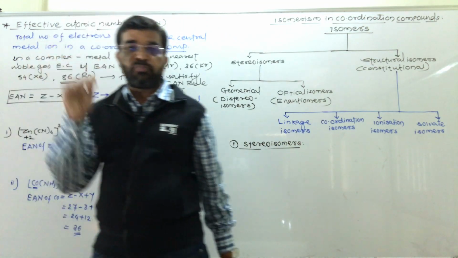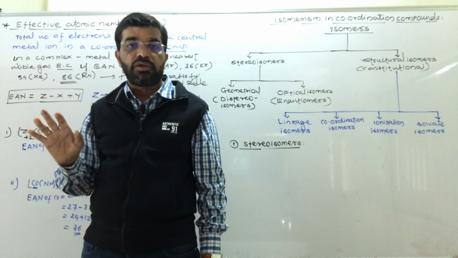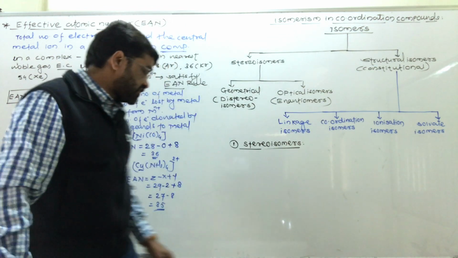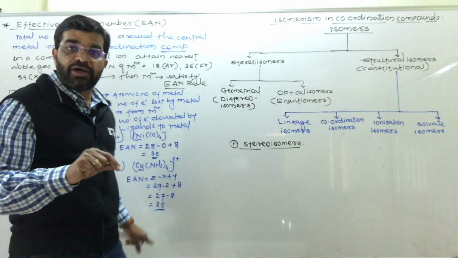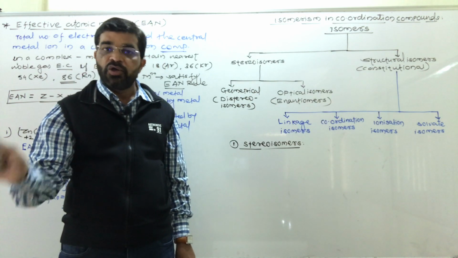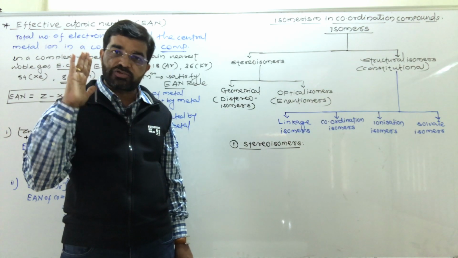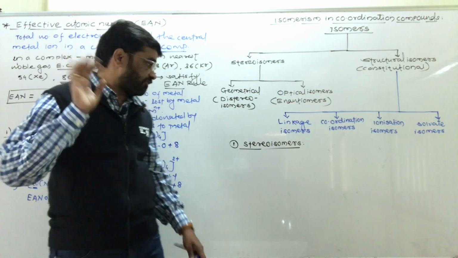Satisfy means its effective atomic number should be equal to that of the atomic number of the nearest noble gas. मगर इसमें क्या होता है, इफेक्टिव एटॉमिक नंबर कॉपर का 35 आया है. 35 किसी भी नोबल गैस का एटॉमिक नंबर नहीं है, तो ये कॉपर इस कॉम्प्लेक्स में इफेक्टिव एटॉमिक नंबर रूल सेटिस्फाई नहीं करता, मगर इसका इफेक्टिव एटॉमिक नंबर 35 है.